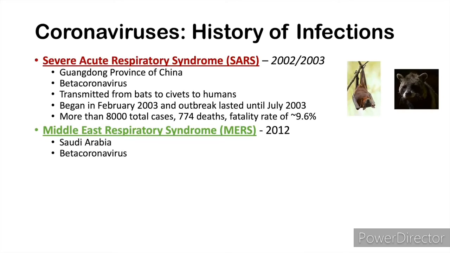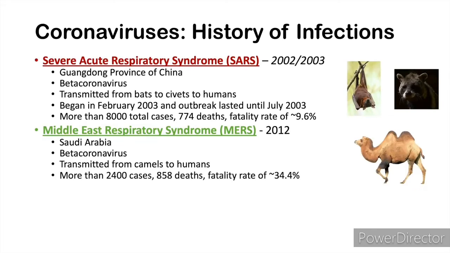It is a beta coronavirus as well, and what seems to have occurred here is that the virus was transmitted from camels to humans, either through eating camels, exposure to camels, or drinking camel milk. As of this video, there are more than 2,400 cases of MERS with a recorded 858 associated deaths, with a fatality rate of approximately 34.4%, so a very high fatality rate with the MERS infection.